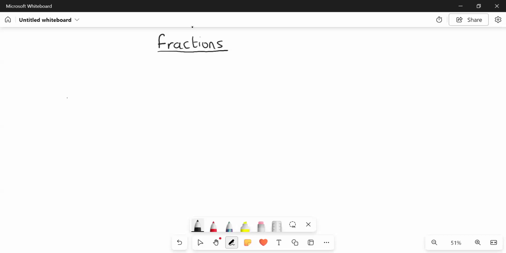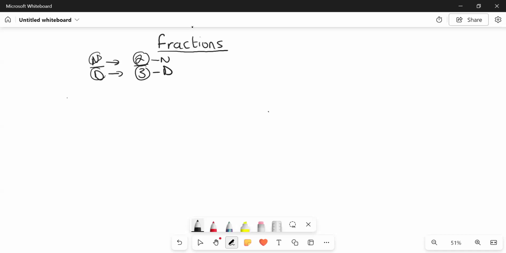So let's say now we have 2 over 3. Meaning our 2 becomes our numerator and our 3 becomes our denominator. Perfect. That's our denominator as well as numerator.